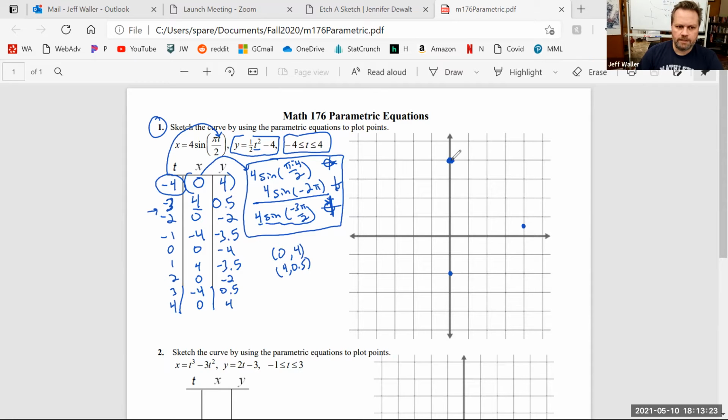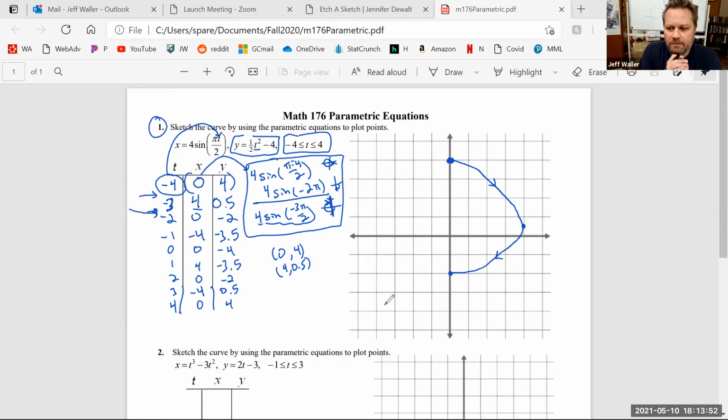So this looks like it's probably doing this. And if I wasn't sure, I could do some in-between points, right? If I needed more resolution, I could try to plug in -3.5 for T, -2.5 for T. Do you guys understand what I'm saying? If the steps were too big, if I wasn't sure what it was doing.